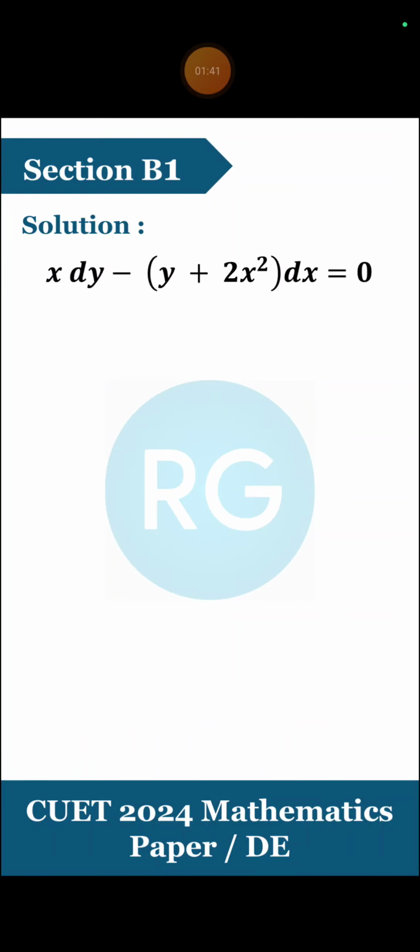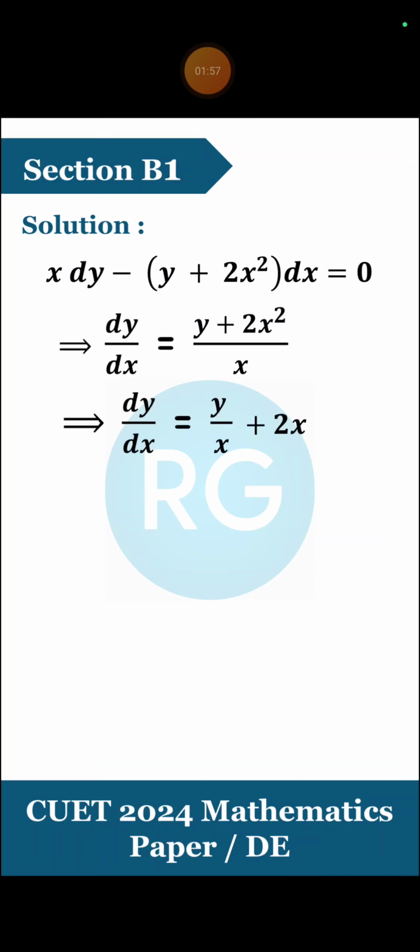So the question is x dy minus in bracket y plus 2x square dx equals to 0. So the first thing what we need to do is find the value of dy by dx. Now we already know that this is a linear differential equation type. So next step what I am going to do, I'll be dividing x on both sides and the term y by x, I'm going to shift it to the other side.